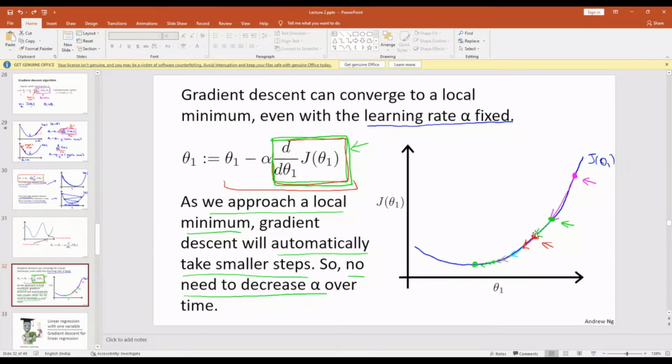So the jump, or the step towards the global optima, gets decreased, and slowly it keeps decreasing, and it becomes a baby step in front of the first step.